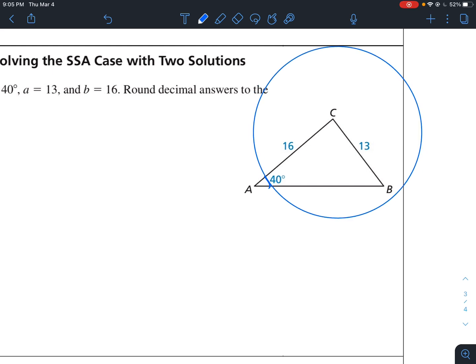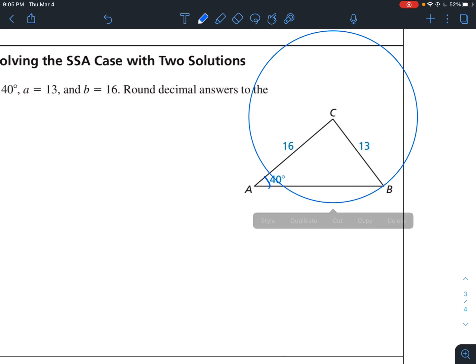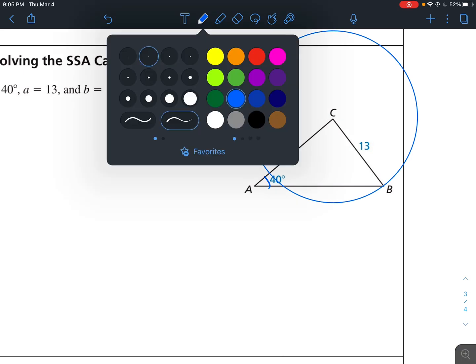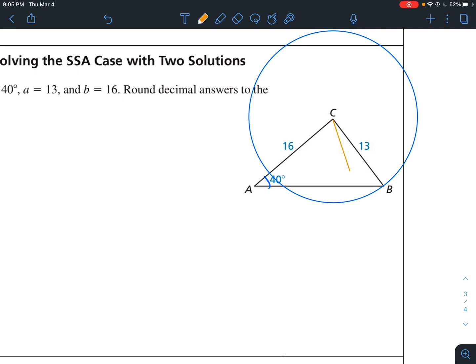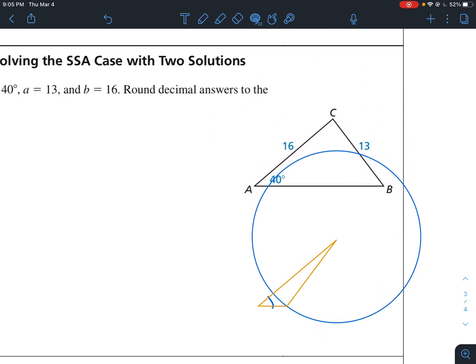Now, if I make a radius right there of 13 at the point C, so notice if I take a 13 radius, make this circle, notice that I could make another triangle right there. I could make another triangle that has side length 16, side length 13, and side length AB. I can compose another triangle with those given side lengths, like that.